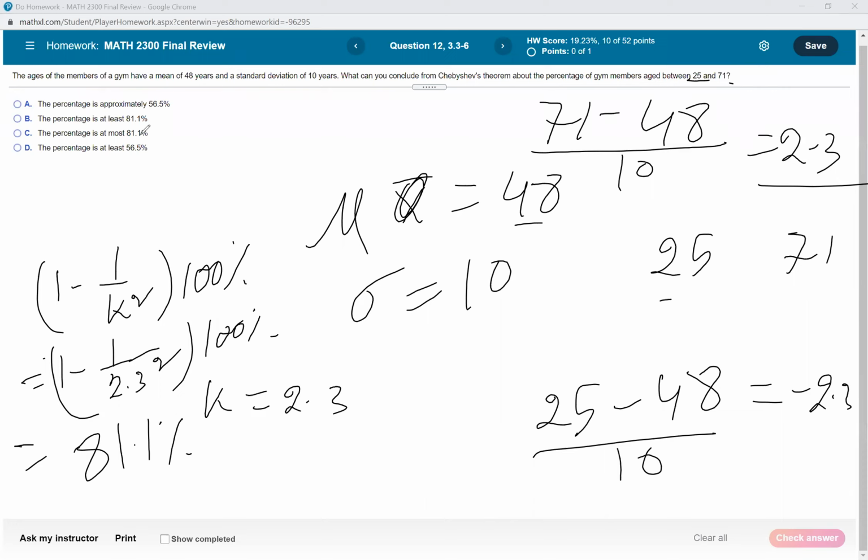Okay, now we actually have two options with 81.1%. Which one should be correct? What do you think? B or C? We found 81.1%, so is it at least or at most? What does Chebyshev's theorem say? Anyone?